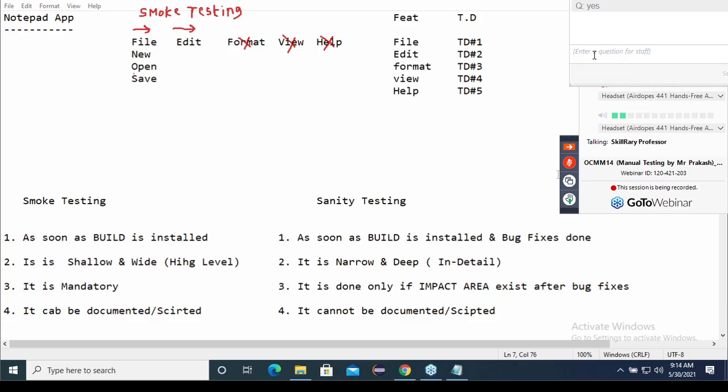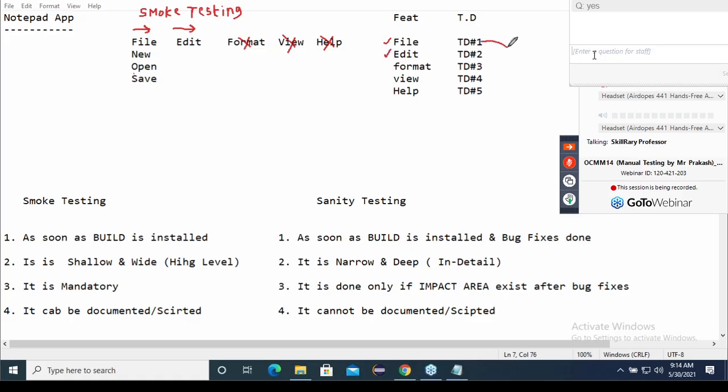Perfect, guys. Everyone is giving the correct answer. So what do companies do, you know? Anyhow, you have written a test document for every feature, correct? Do one thing. Out of these, File is a basic and critical feature, and Edit is a basic and critical feature.